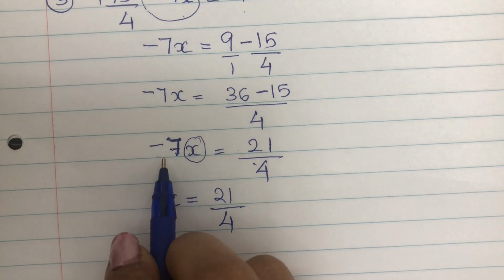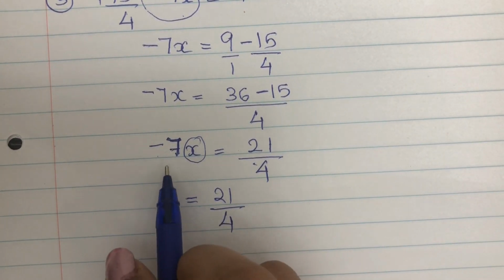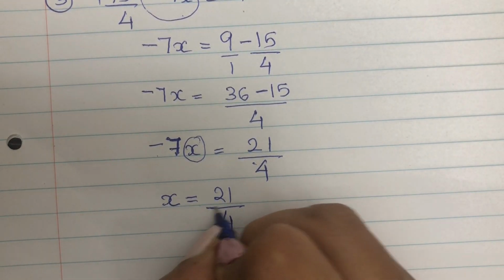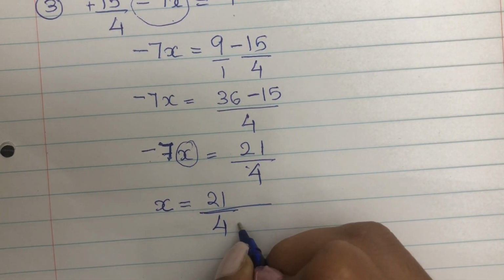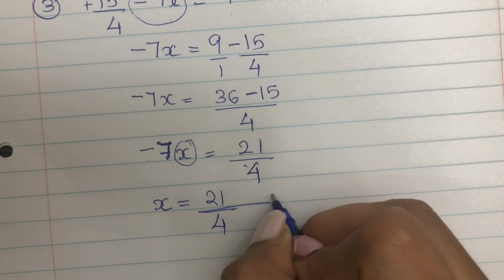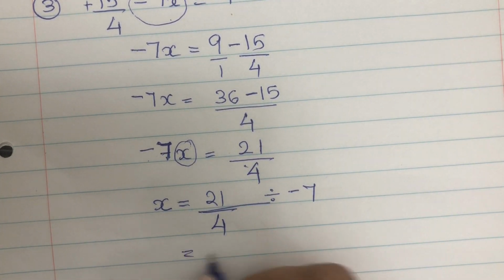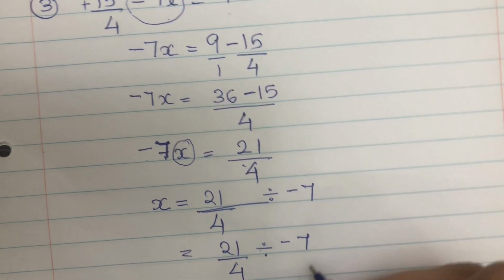Then we have to transfer minus 7 here. Minus 7 is what? Minus 7 into x, right? So into will be what? Division. So when we transfer minus 7 to RHS, it will be divided by minus 7. So 21 by 4 divided by minus 7.